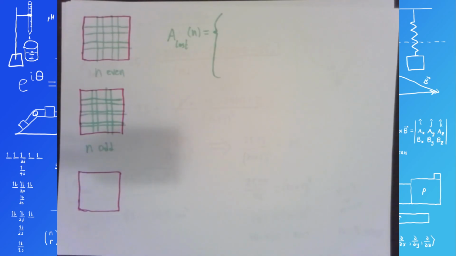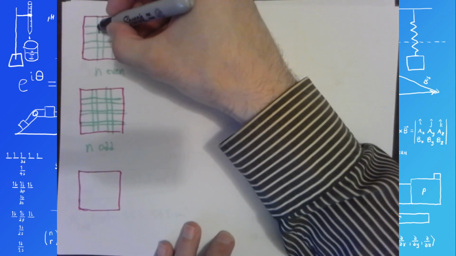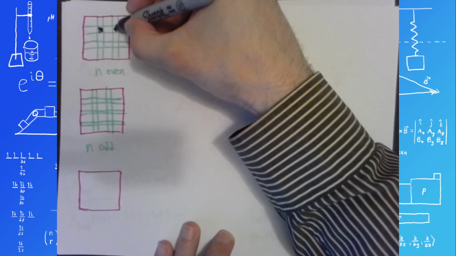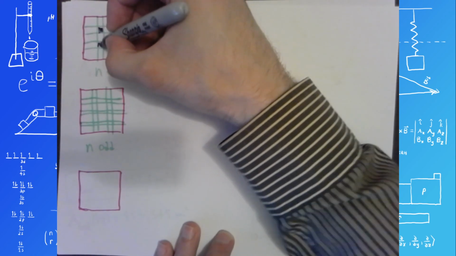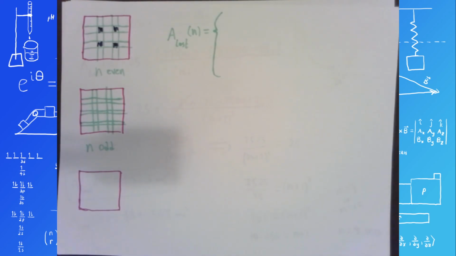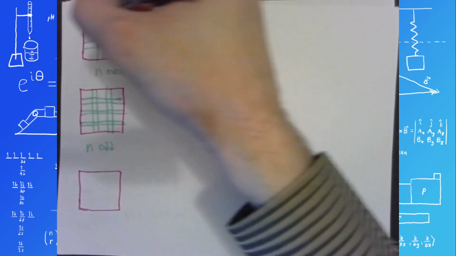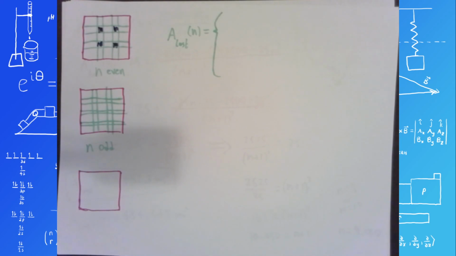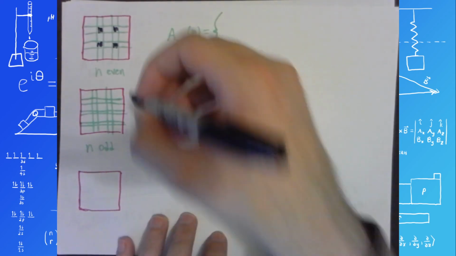I calculated it earlier. Each of these overlaps, 1, 2, 3, 4, each of these overlaps has an area of 1/2 by 1/2, or 0.25.